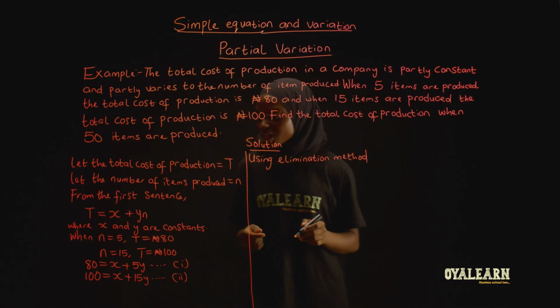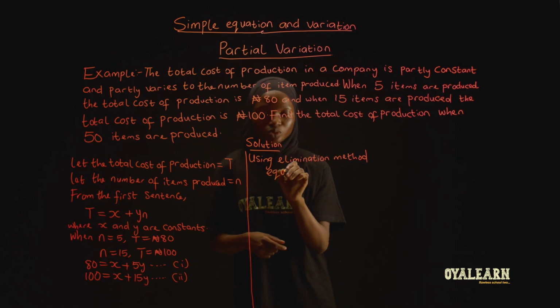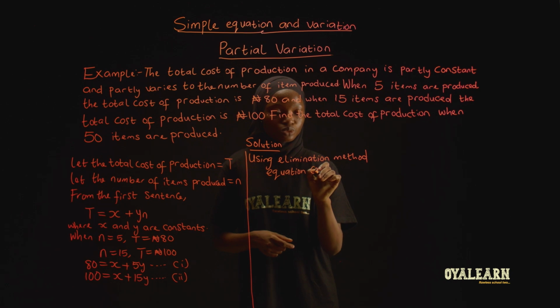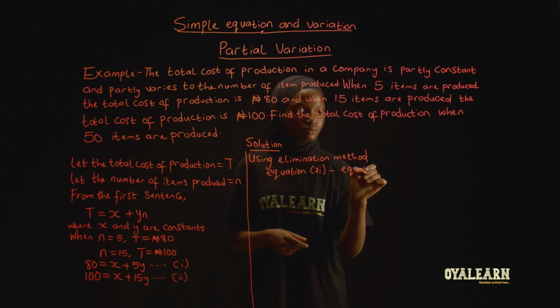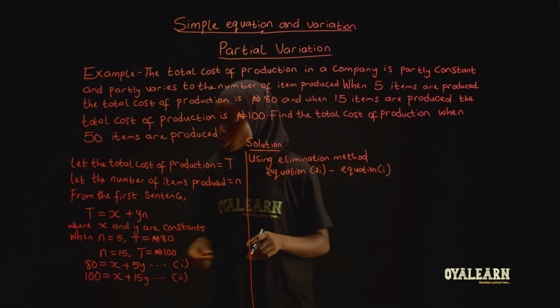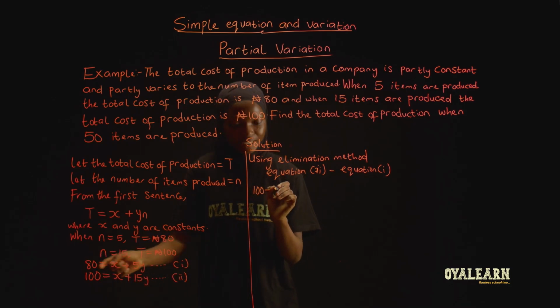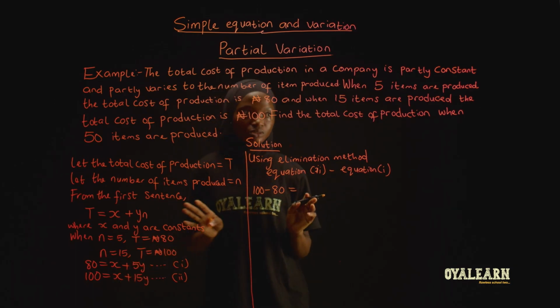So using elimination method, we say equation 2 minus equation 1. So from here we have 100 minus 80 on that side equals X minus X here, it cancels out, that's 0.